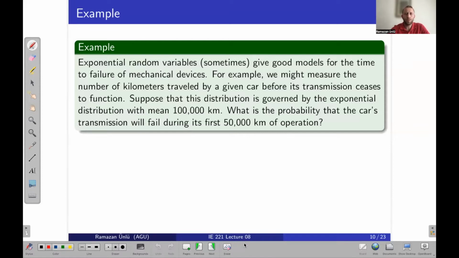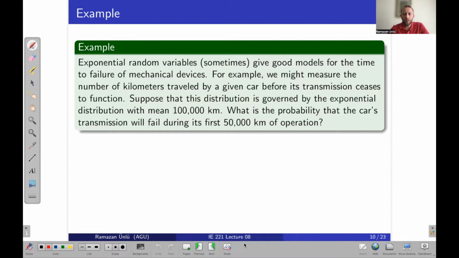The exponential random variable gives good models for the time to failure of mechanical devices. That doesn't mean the exponential distribution is used only for mechanical devices, but it sometimes gives good models for that kind of problem.